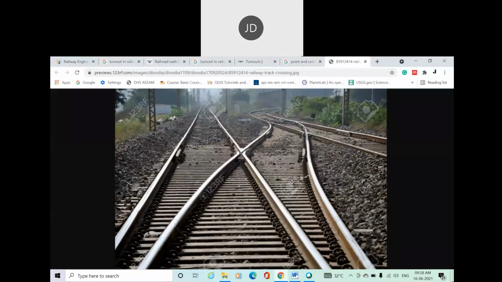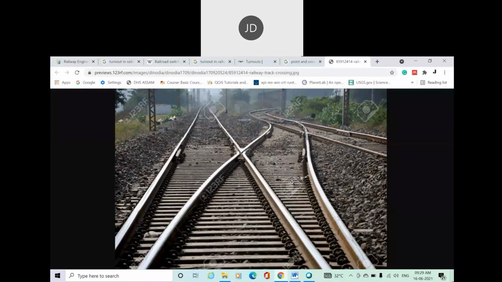This section, which is known as turnout, consists of two important sections. One is the point or switch, and the other section is known as the crossing.